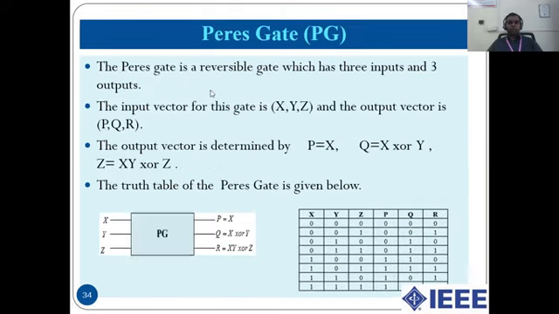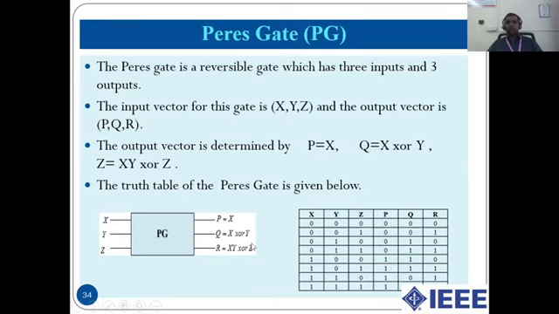The Peres gate is another reversible gate which we have employed in the construction of the integrated adder and subtractor. The Peres gate is a reversible gate which has 3 inputs and 3 outputs. The input vector for this gate is x, y, z, and the output vector is p, q, r. In this gate, the truth table is clearly mentioned here, where the outputs are x, x XOR y, and xy XOR z.